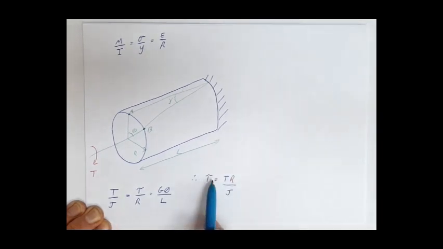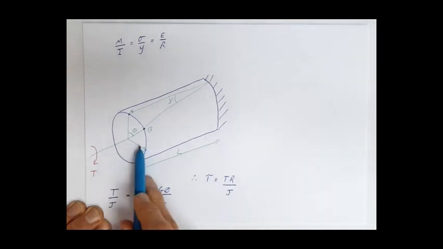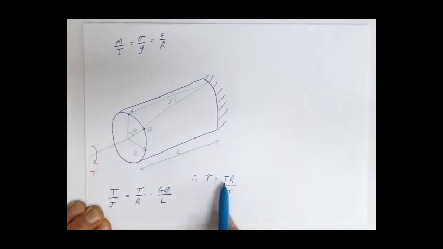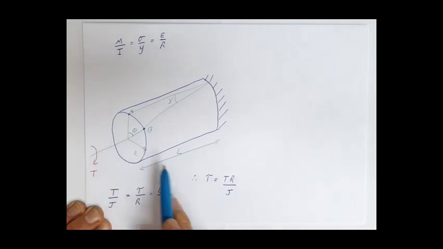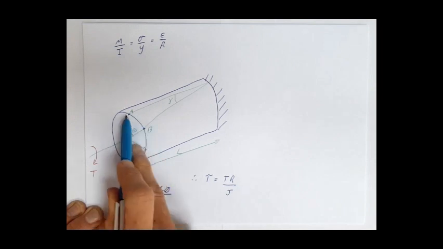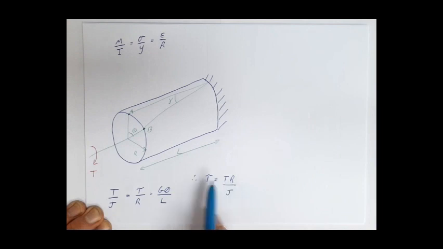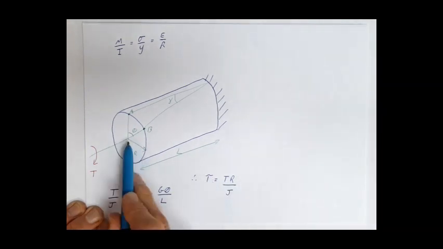So the stress that we see on our shaft is equal to the torque that we put through our shaft times the radius of the shaft, they're directly proportional. So if you increase the radius, you're going to increase the stress. So the maximum stress is going to be on the outside of the shaft. And that's the reason why, if radius tends towards 0, stress is clearly going to tend towards 0.